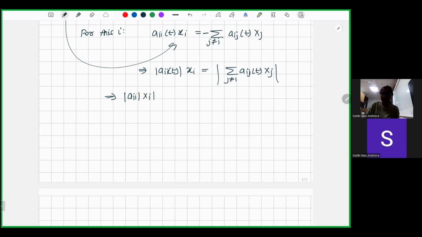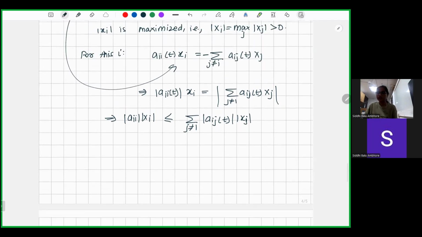Minus goes, and this becomes mod a_{ii} into mod x_i. Okay, a_{ii}(t) is anyway a_{ii} here. So this will be less than or equal to the summation over j not equal to i of mod a_{ij}(t) and mod x_j.